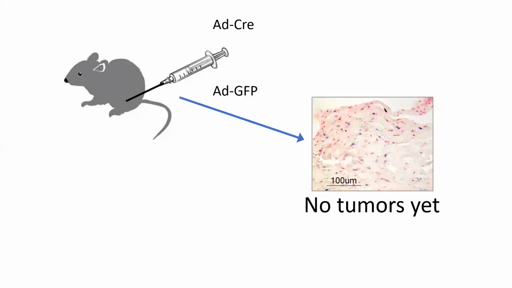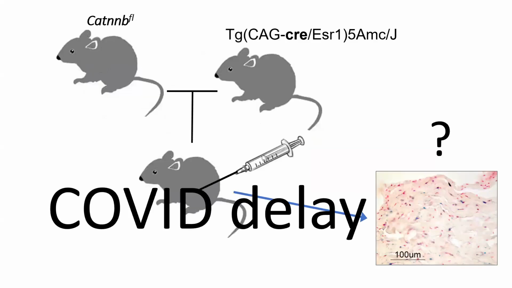So far for the ones that we injected adenovirus Cre into, we have not identified tumors, but we also did not identify cells that had recombination. So it's quite possible that this approach to turning on the mutant cells in vivo is not very effective. We have done the work as well on the tamoxifen-based system.